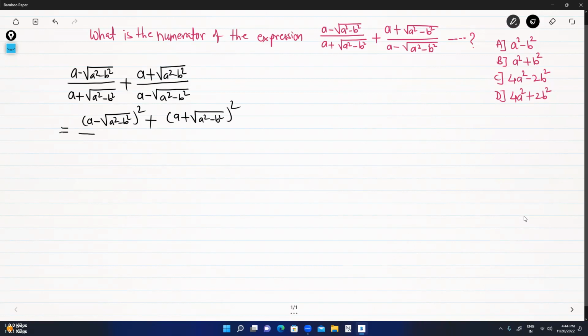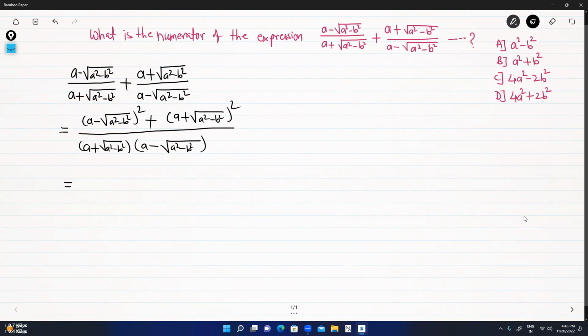Then in the denominator, we will multiply both the denominators, that is (a plus under root a square minus b square) times (a minus under root a square minus b square). So let's further modify it. In the first bracket in the numerator, we have first number minus second number whole bracket square. So we will use the expansion of (a minus b) whole bracket square.